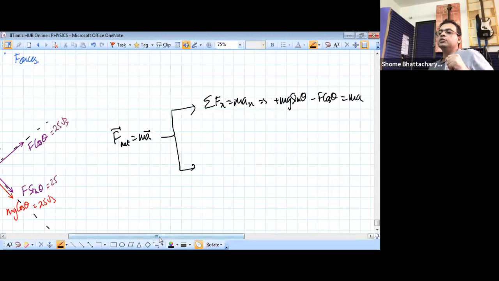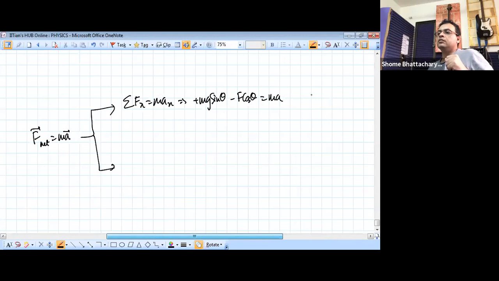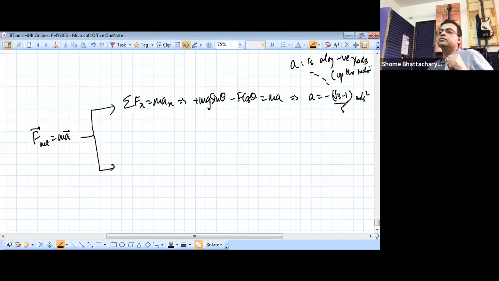But when we solve this, we'll get a with a negative sign. We'll get a as minus of root 3 minus 1 by 5 meters per second. So the minus sign will show us that the acceleration is along the negative x-axis. So negative x-axis का मतलब क्या होगा? Up the incline.